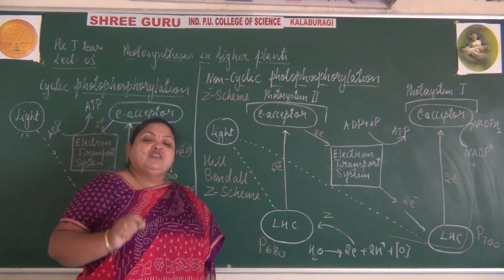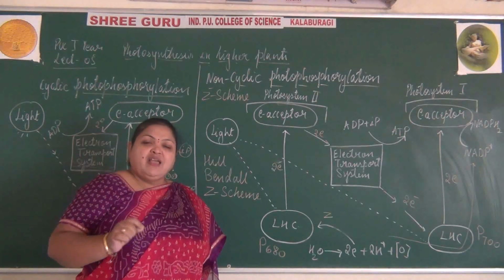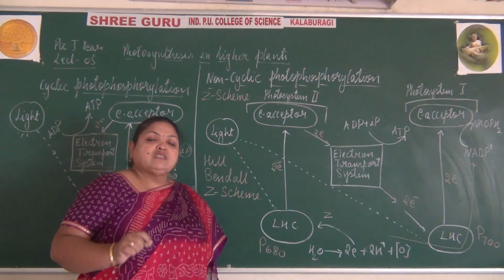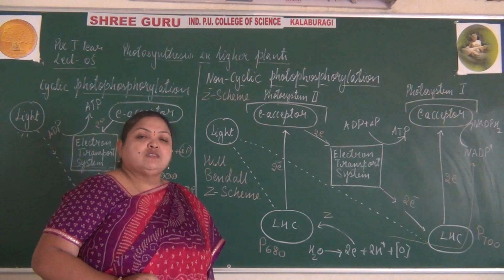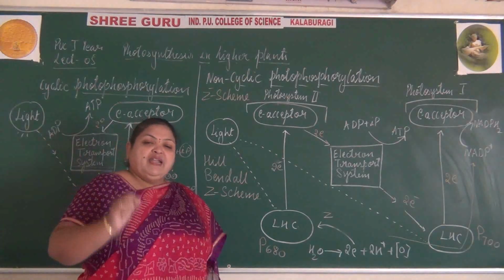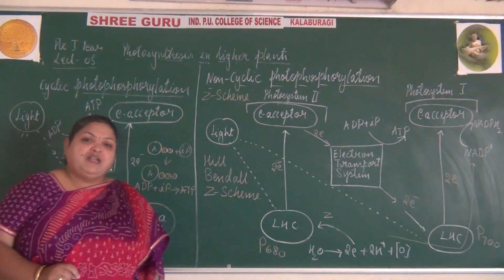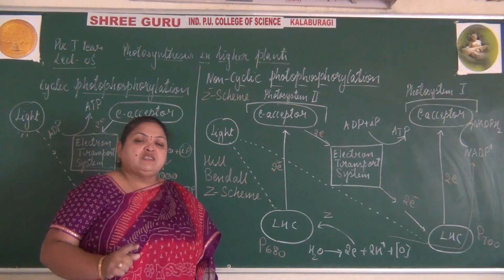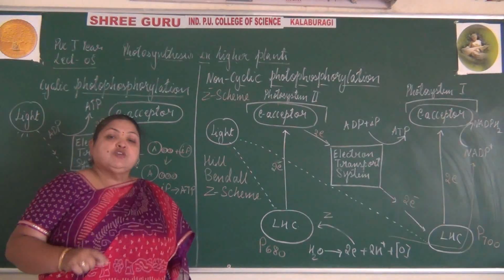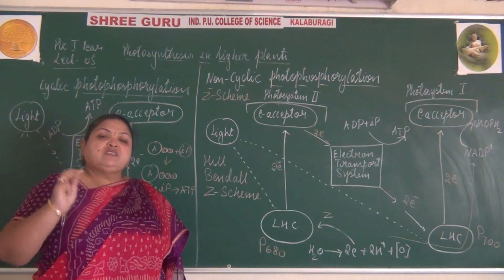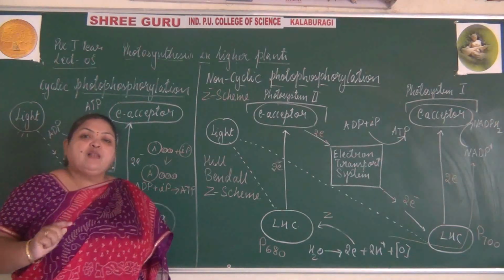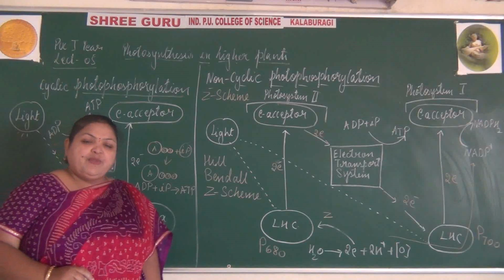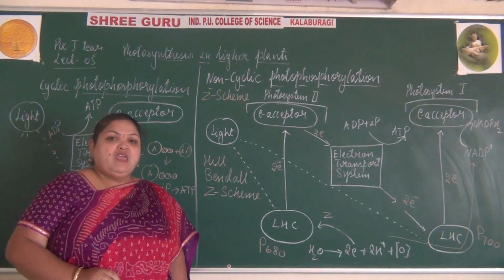With the help of this energy, they emit electrons, and the electrons are used in the synthesis of ATP and NADPH2. One more process of the light reaction is chemiosmosis. So overall, these three processes help in the formation of ATP and NADPH2.